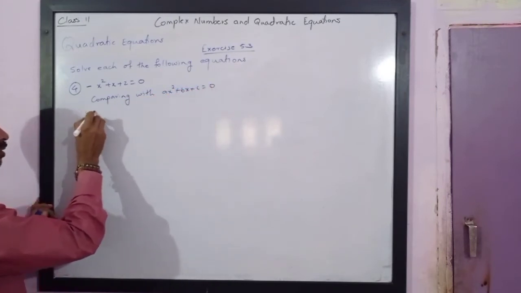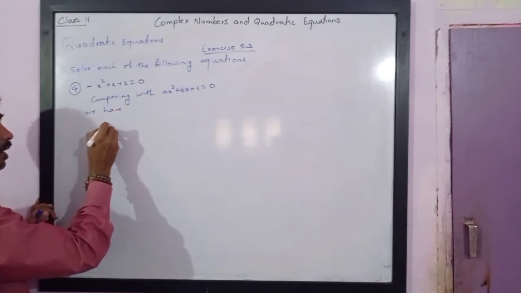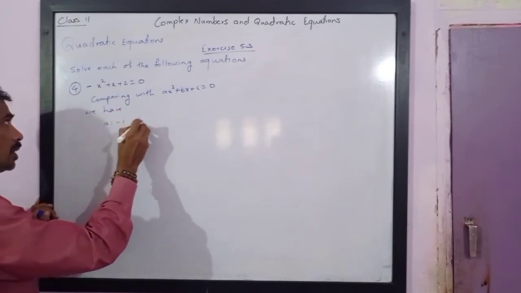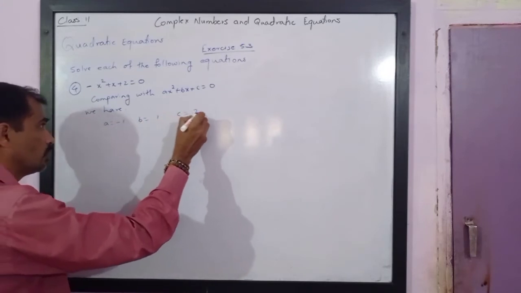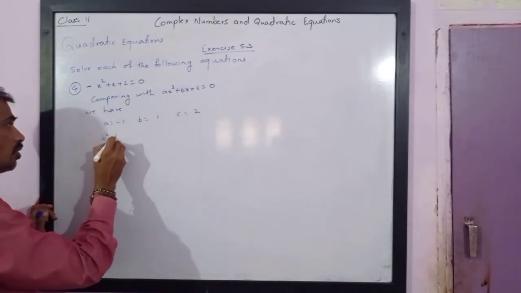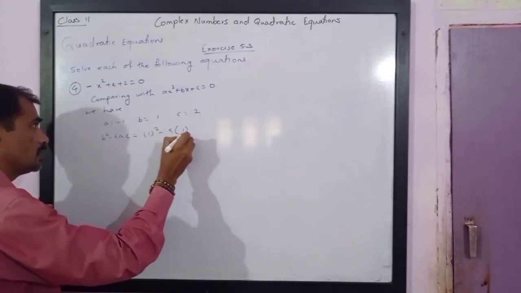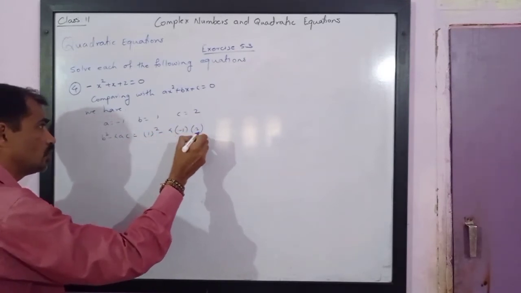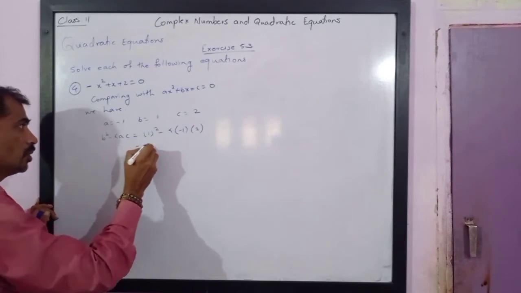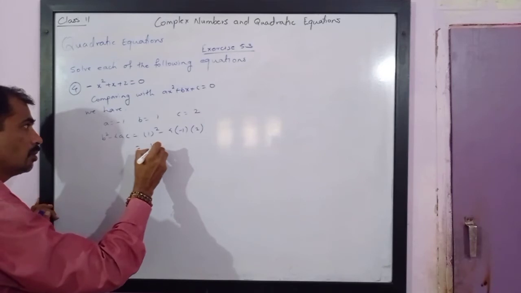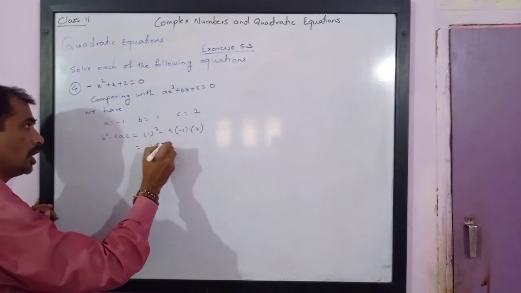We have a is equal to -1, b is equal to 1, c is equal to 2. Now b square minus 4ac is equal to 1 square minus 4 times a is -1, c is 2. So this is equal to 1 plus 8.